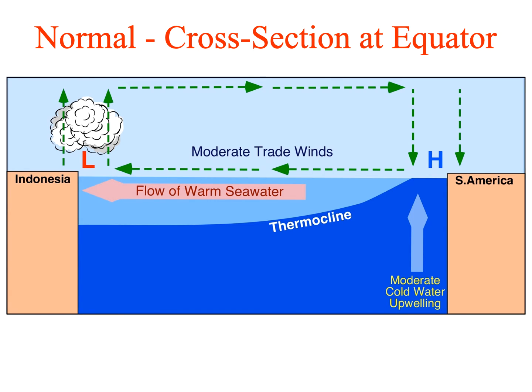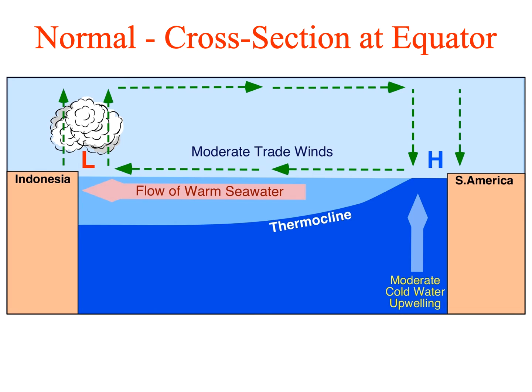So let's look at a normal cross-section at the equator along the equatorial Pacific. What normally occurs is we get the following circulation system: a high pressure system that develops off the coast of South America, Peru, Ecuador, and a low pressure system off the coast of Indonesia.